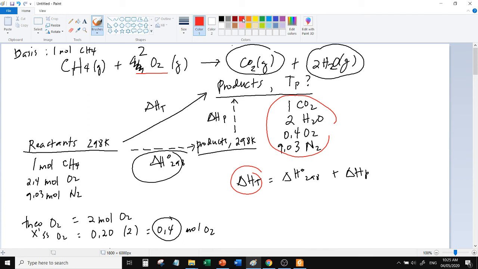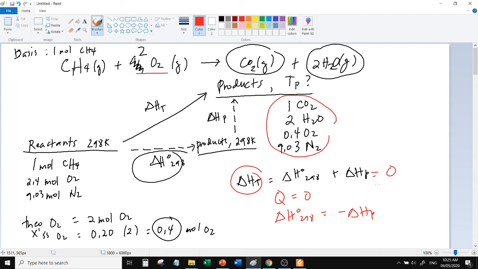Kasi remember, adiabatic flame temp tayo. Okay? So, sa adiabatic flame temp kasi, Q equal to 0. So, yung delta H mo equal to 0 siya. So, therefore, yung delta H298 mo ay equal to delta HP. Yun. So, remember that for adiabatic flame temperature.